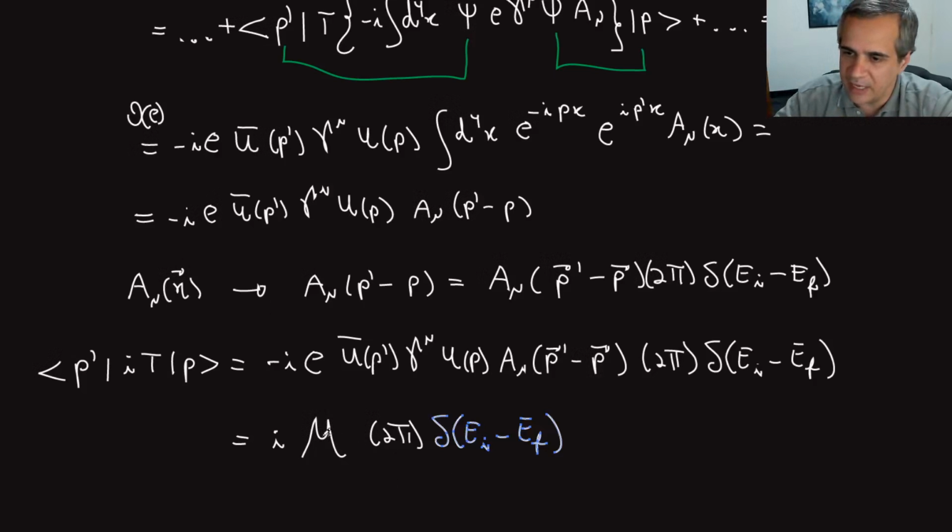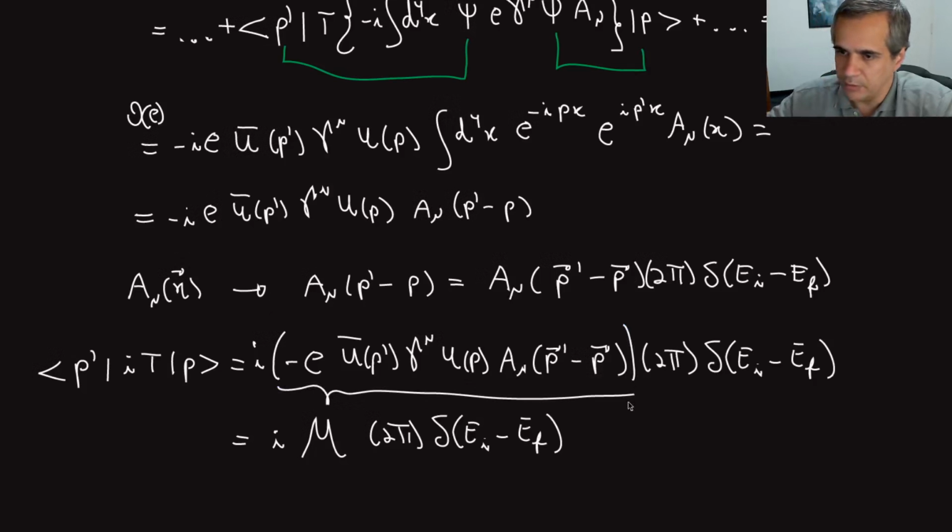And in this case, I have a new Feynman rule. Everything up here, let me just reorder this. Take this i, put here, put the minus here. All of this is M, right? Let me color the whole thing.